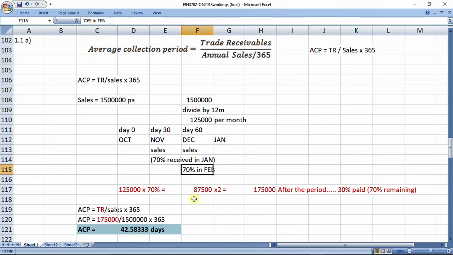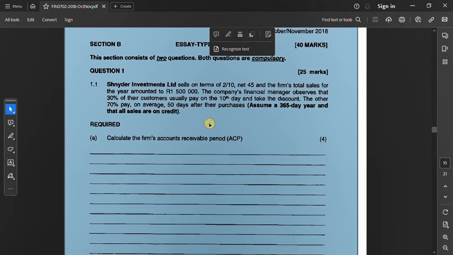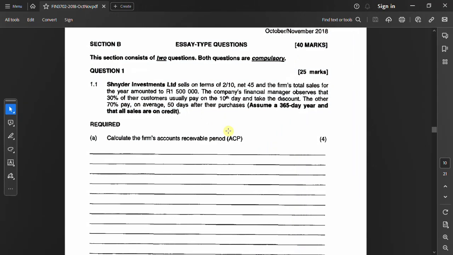When I make a sale, I'm not going to collect any of it at first. I will collect 30% of it, and 70% will remain, to be received later on. Day 50 is when the 70% is collected on average.